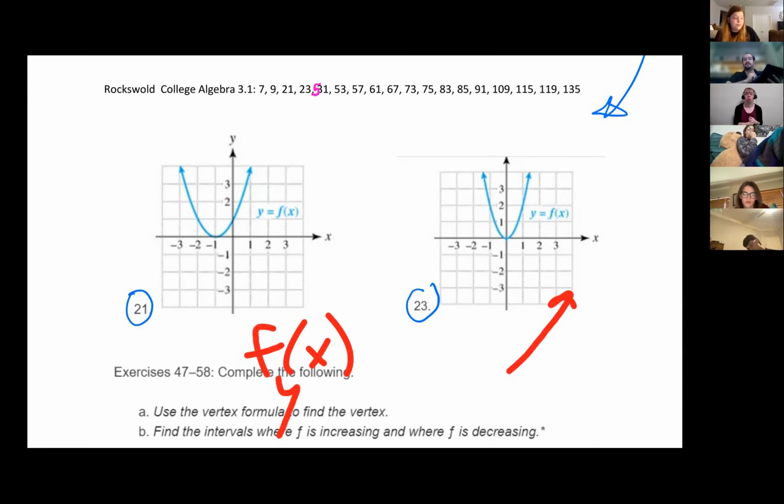That would be when your function goes up going left to right. F decreasing would mean when it goes down going left to right. So you're reading me x quantities, hopefully. And we did this on number 9. That one might help you, if you reference where we did the increase and decrease there.